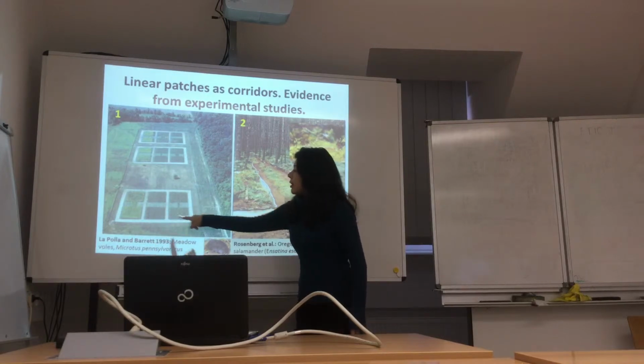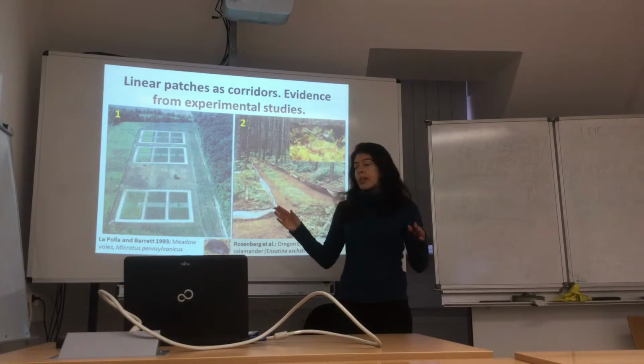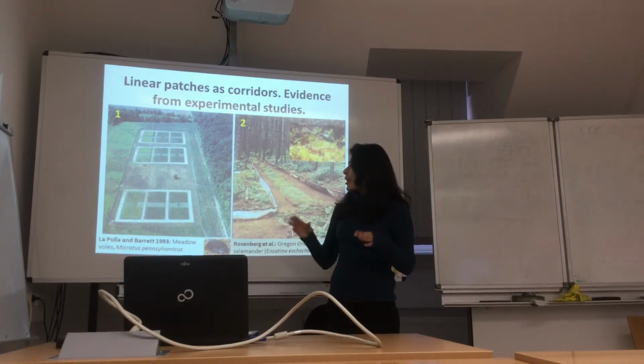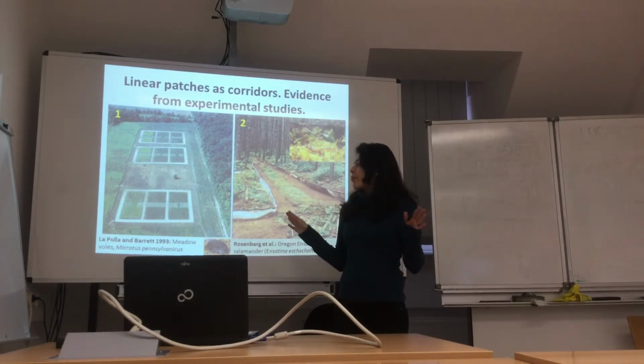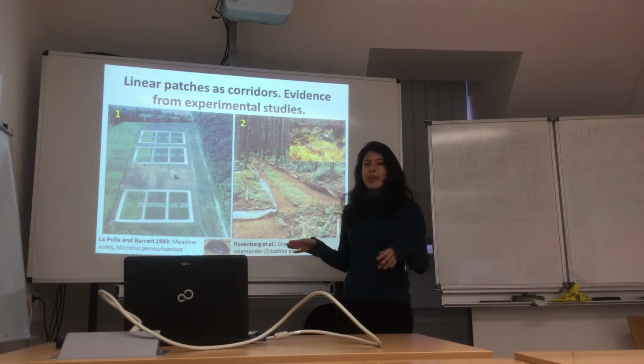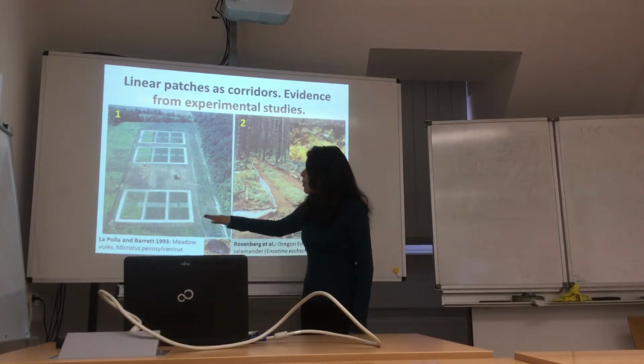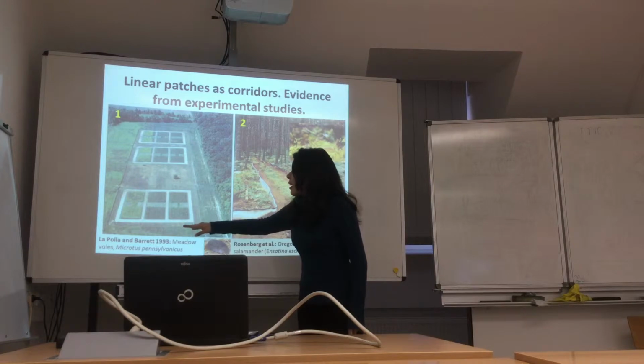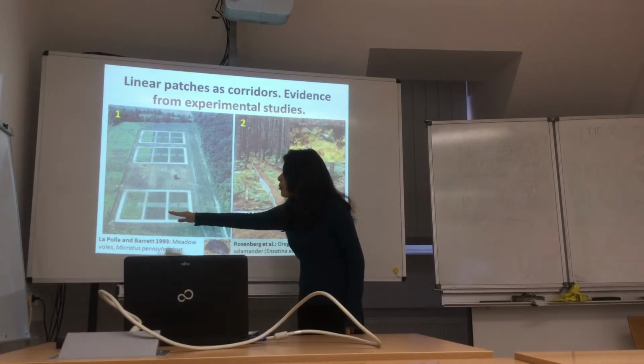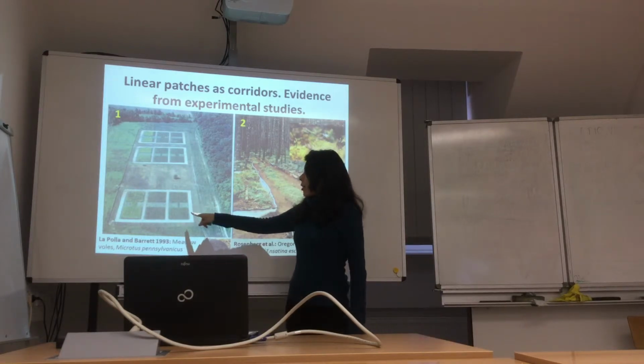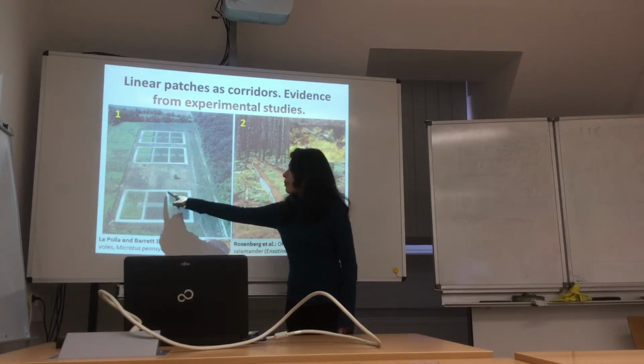They are surrounded by these whitish areas, which the researchers consider a non-usable, or not adequate, environment for these organisms. So they were supposing that the organisms, if they don't have a corridor, couldn't move through these white parts.